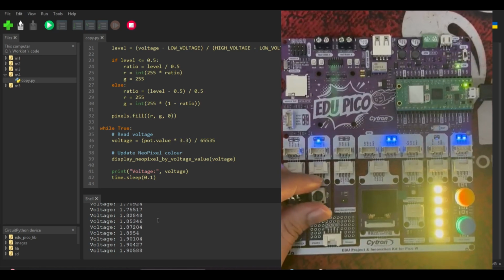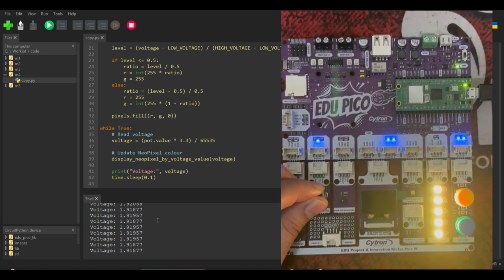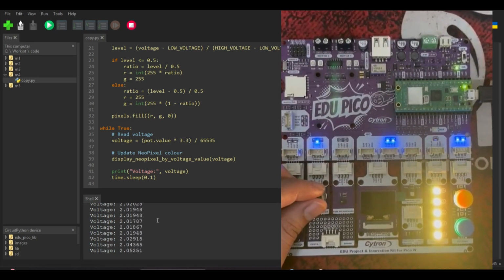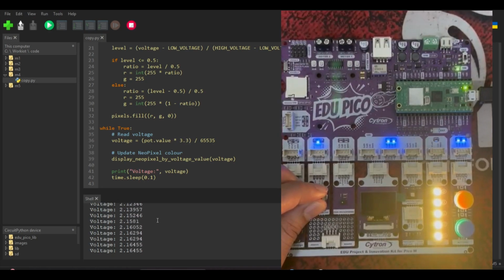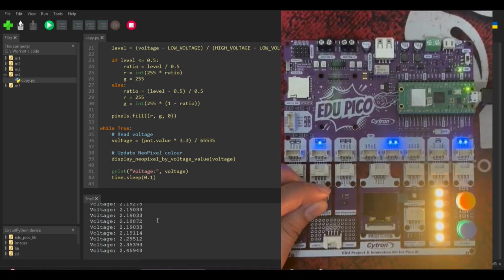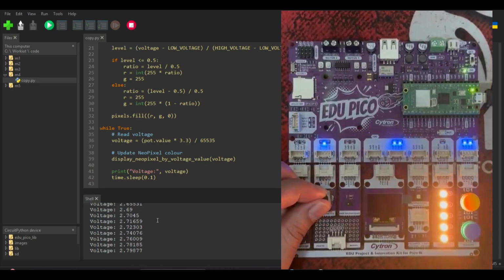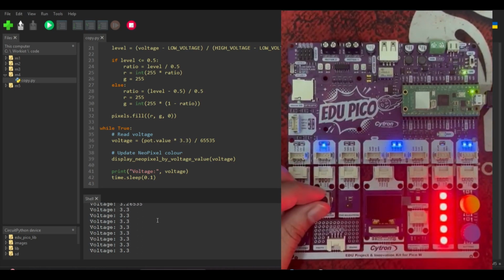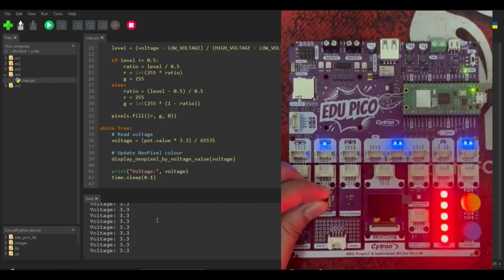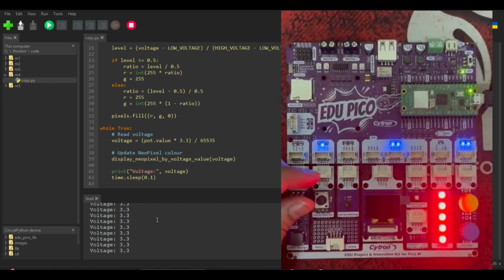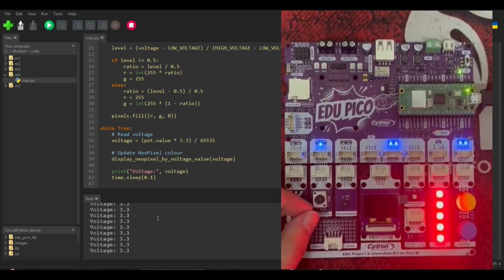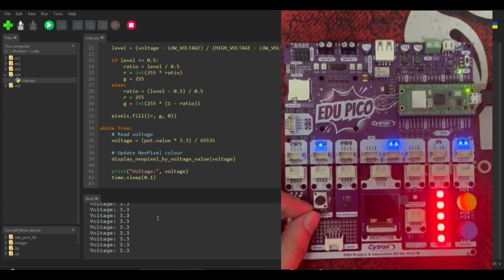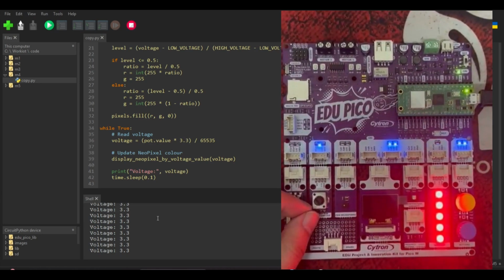The color is fully yellow at 1.7 volts, which is the midpoint, and it's getting to be red now. It is fully red when the voltage reaches 3.0. The red color is absolutely the true red color.